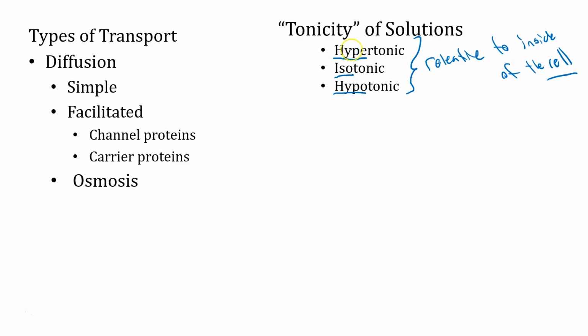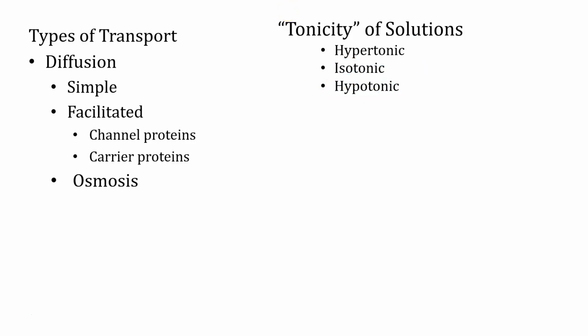Okay, because remember these words hyper, iso, and hypo, above, the same, and below, are always relative to the inside of the cell. Okay, so if I put a cell in a solution of liquid that had the same saltiness as inside the cell, that would be considered an isotonic solution. If I put a cell inside a solution that is less salty than the inside of the cell, then we would call it a hypotonic solution.